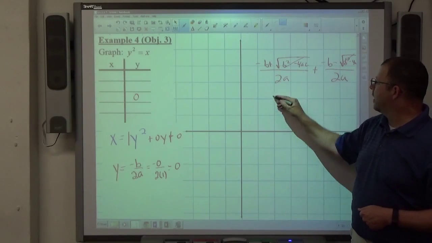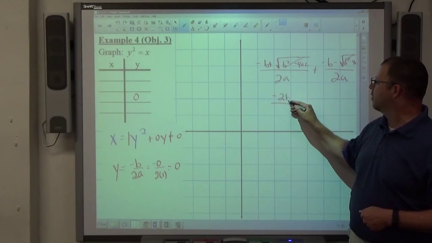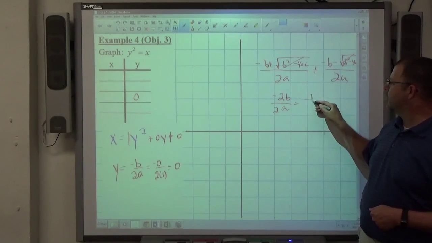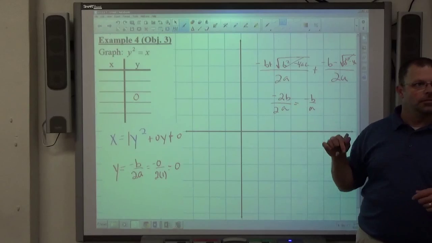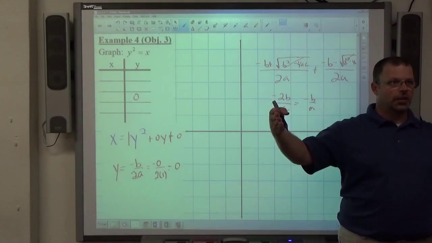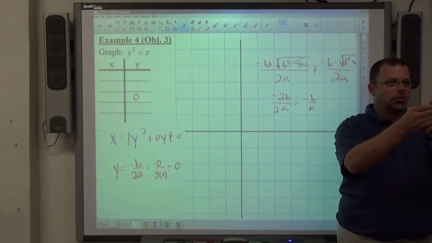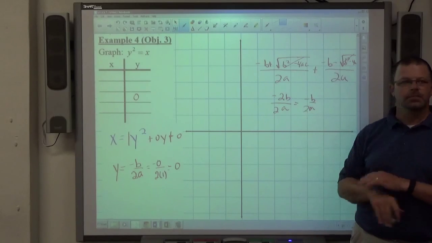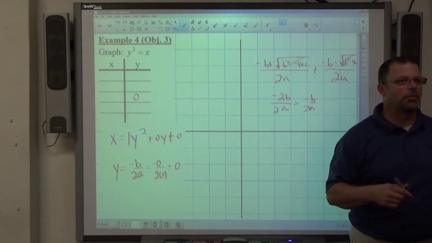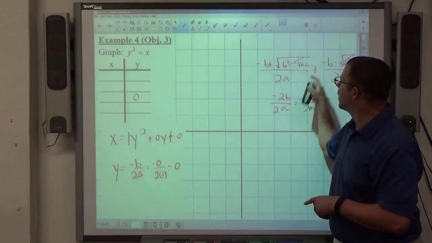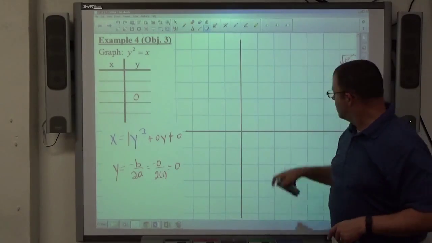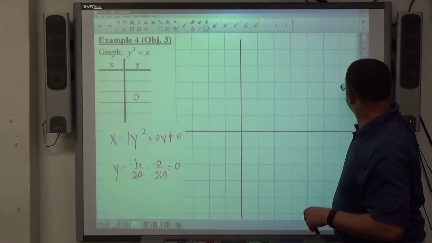So if you add them up, you get negative 2b over 2a, which is negative b over a. Right? That's the sum of these zeros. If we went halfway between, we have to average that, so we divide it by 2. So it came from that. But just know that that's where the middle always happens. Negative b over 2a every single time.